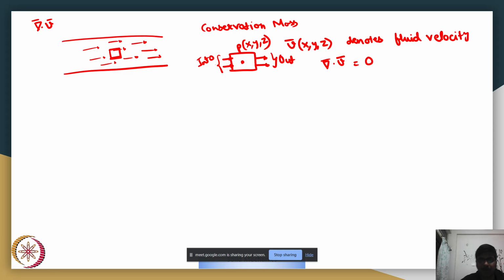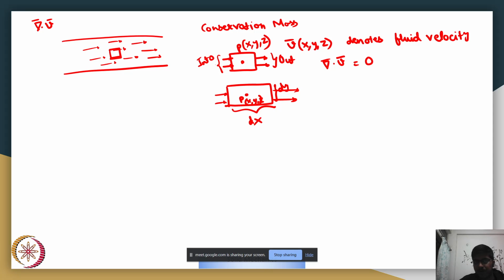On the top of my head, this is the one example that I can think of. And the way you could prove this is, suppose this is my point p of xyz. I'll just stick to two dimensions for now, p of xy, and this is an element of size dx by dy. This is my fluid flowing in and fluid flowing out.